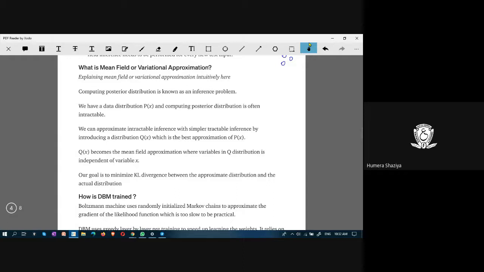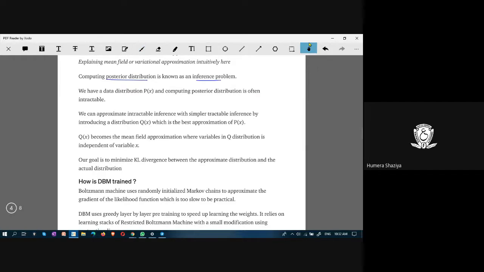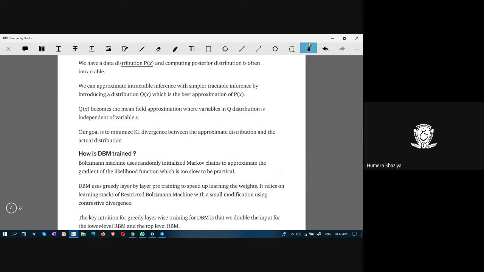What is this mean field or variational approximation? It is nothing but computing the posterior distribution. Posterior distribution is also known as the inference problem. There is a data distribution P of x and an approximate distribution Q of x is generated that is quite close to the actual distribution.